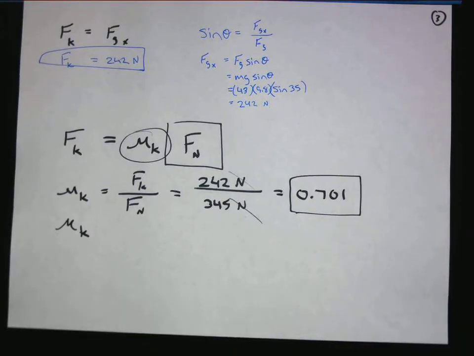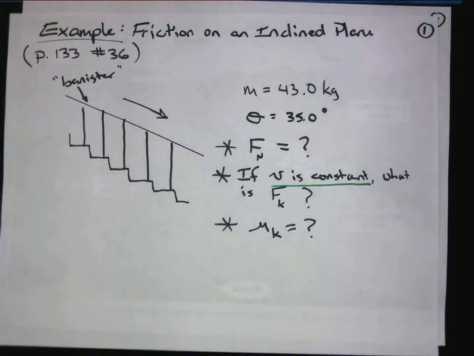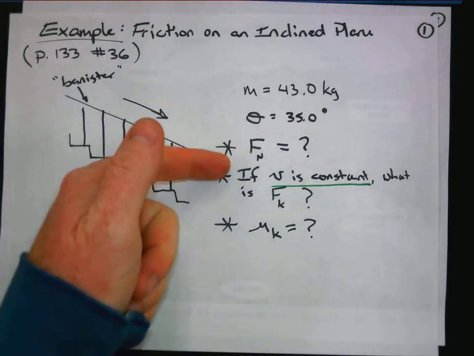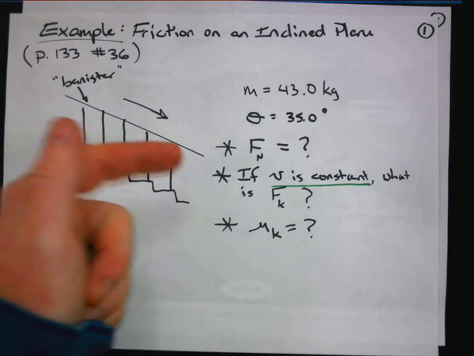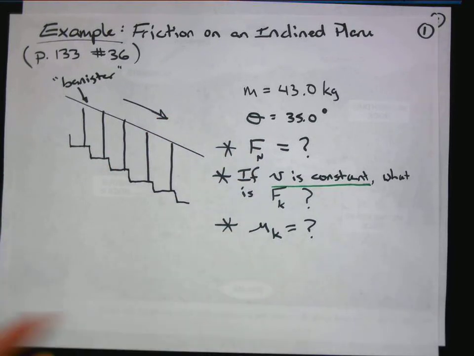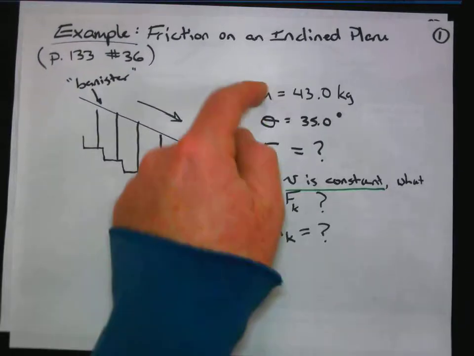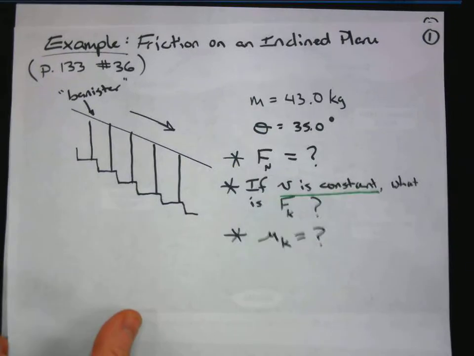So there you go. This is typical of how you deal with problems like this. You're given a situation on an inclined surface, on an angled surface, right? And you might be asked a few questions about it. The normal force, the amount of friction force, the coefficient of friction in that situation. You have to be given a little bit of initial information. We were given mass and the angle, and it turns out that was enough.